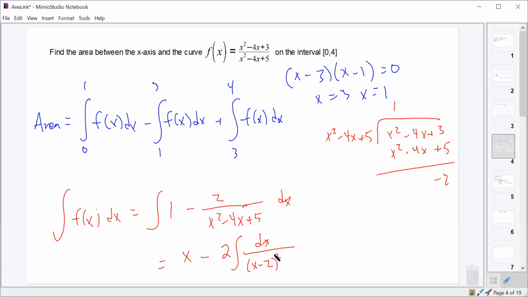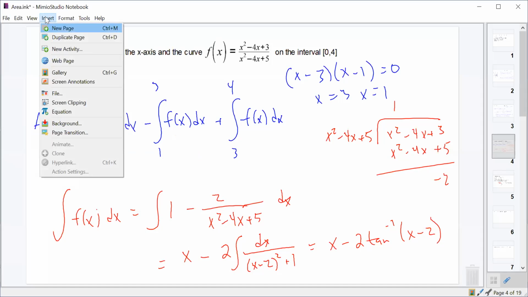That's x squared minus 4x plus 4. And then we had a plus 5, so we got a plus 1 attached there. All right. Everybody good with that? And what does this become? This just becomes x minus 2 inverse tangent of x minus 2. And we're not going to have to bother about putting the constant onto that because we've got a bunch of limits of integration here.